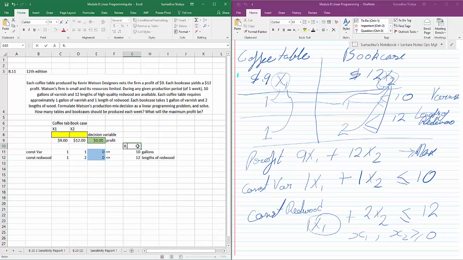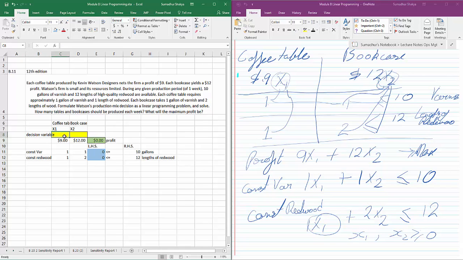Let's label this as well, because this is what it's going to pick up in the sensitivity report. So we better label them such that it's useful for us to understand there. Now let's check our formulas.